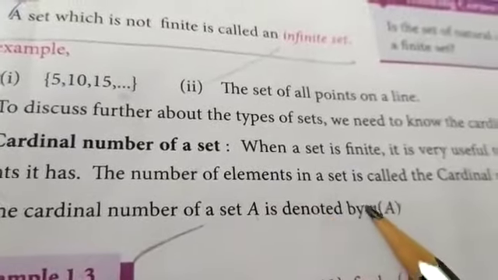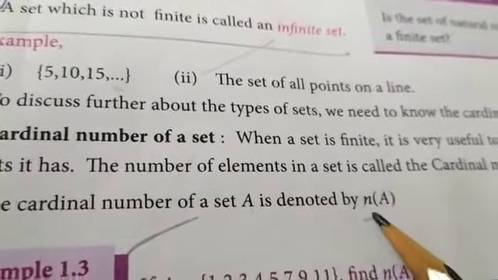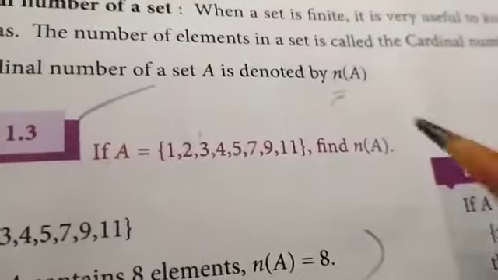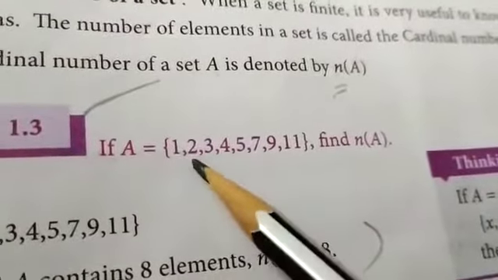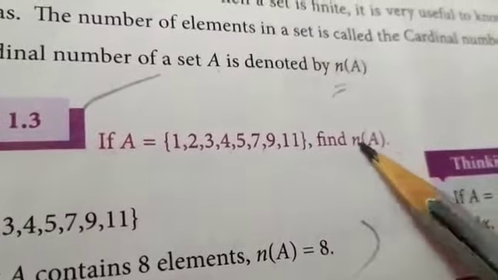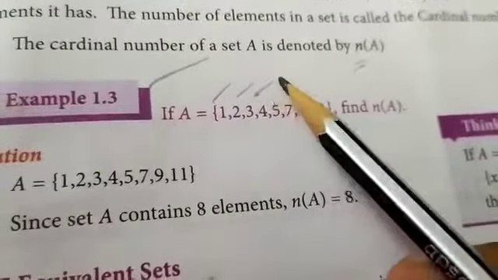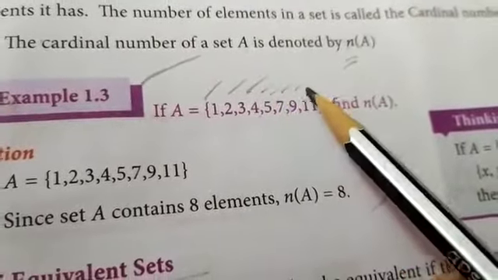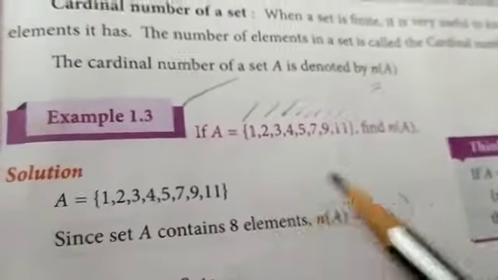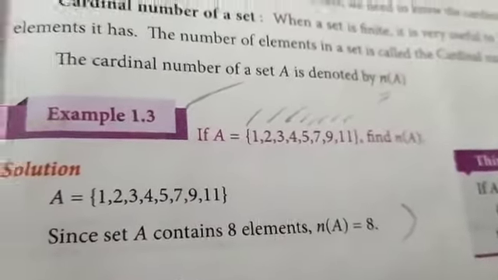That is, the cardinal number of a set A is denoted by n of A. N denotes the number of elements in A. For example, if A equal to 1, 2, 3, 4, 5, 7, 9, 11, we have to find n of A. See, 1, 2, 3, 4, 5, 6, 7, 8. So, since set A contains 8 elements, n of A equal to 8.